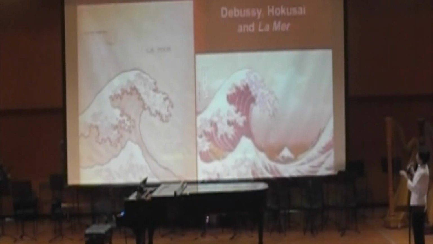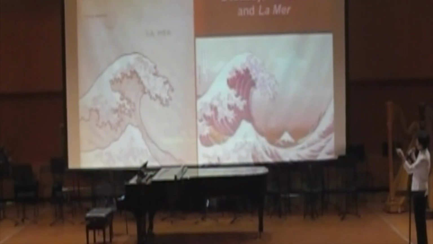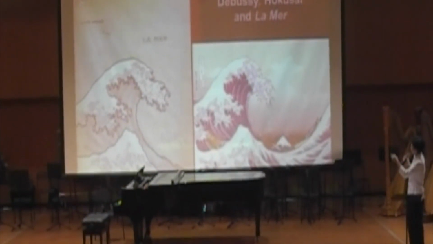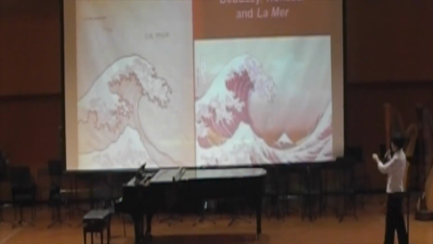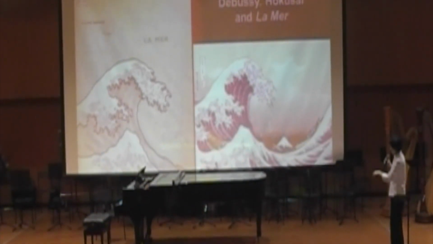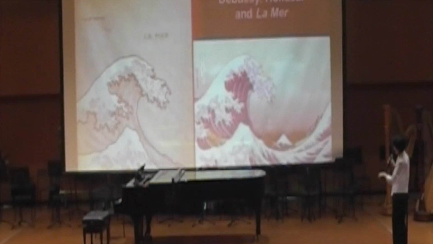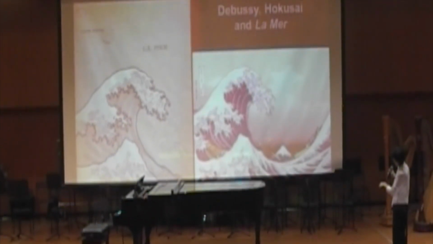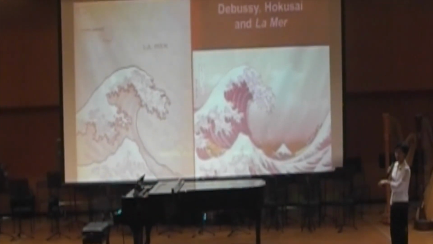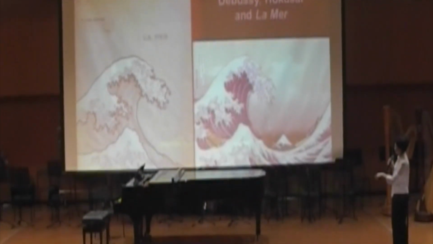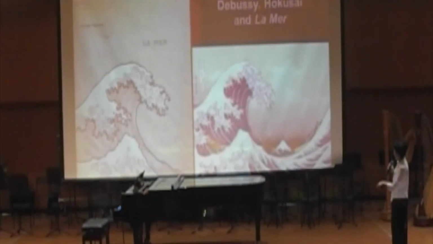Okay, so let's now compare Debussy's cover of La Mer with Hokusai's original art. As I said, Mount Fuji is missing. The boats are supposed to have about 30 persons, which is all taken out.